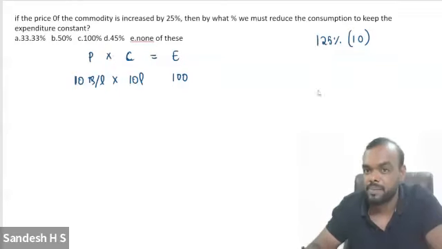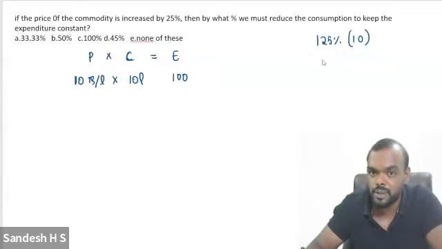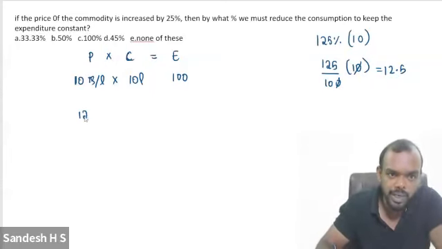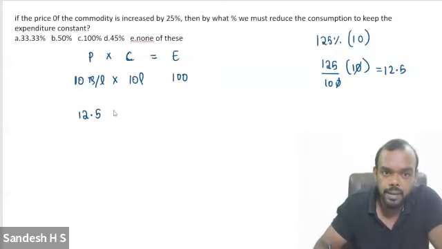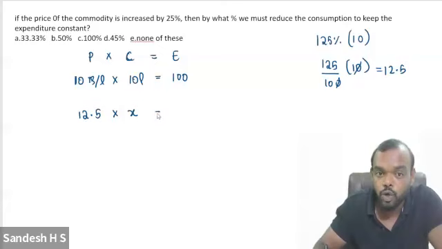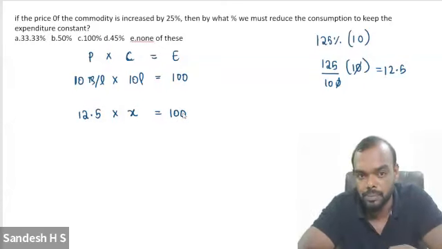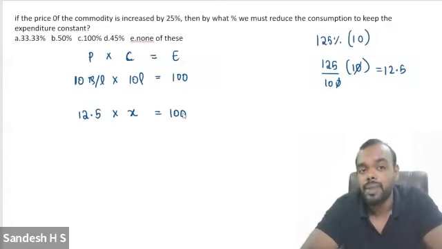So this is 125 by 100 of 10. 0, 0 cancel. That is 125 by 10, which is 12.5. The new price is 12.5. Now I don't know the new consumption, but I know that my expenditure should remain the same, which means it has to be 100 only.